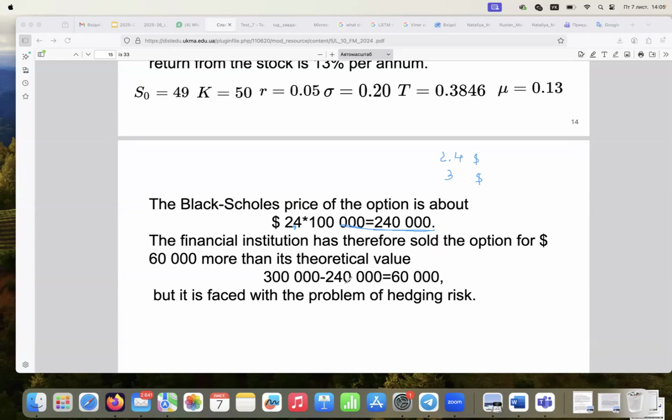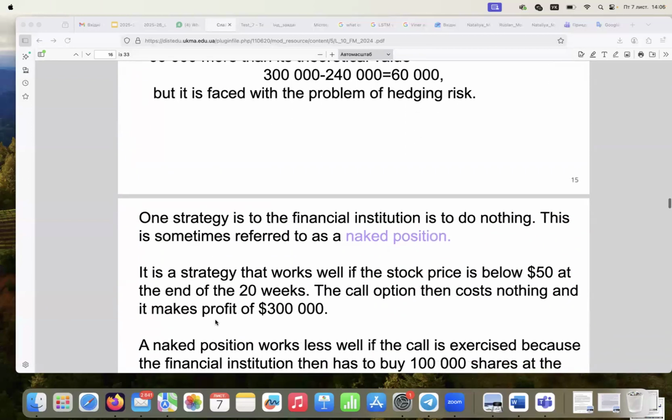Do you understand? It is if we compare with the theoretical price, but it's not very important. Okay, but it is an example from real life, so it can be.